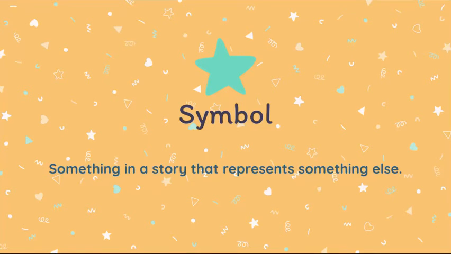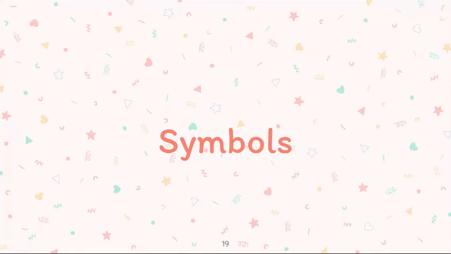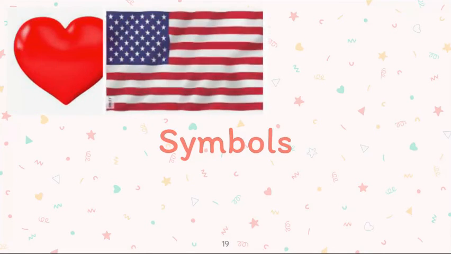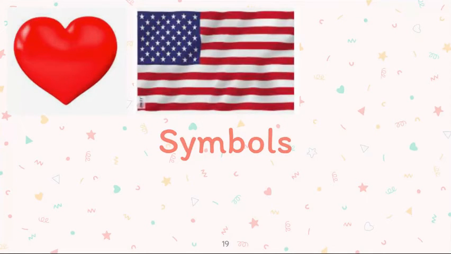Symbol is just something in a story that represents something else. You guys have seen this before too. A lot of symbols that we have: hearts. Heart is the symbol of love a lot of times. Flag is a symbol of America, of freedom, of patriotism. So that is to say also that symbols can have multiple meanings in writing.